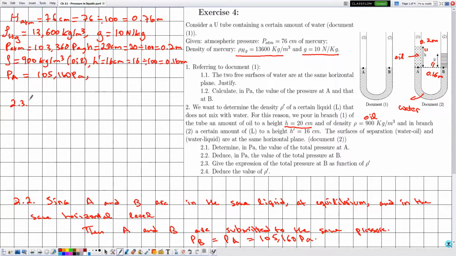Then first let's say that B is submitted to the pressure of the liquid and to the atmospheric pressure.